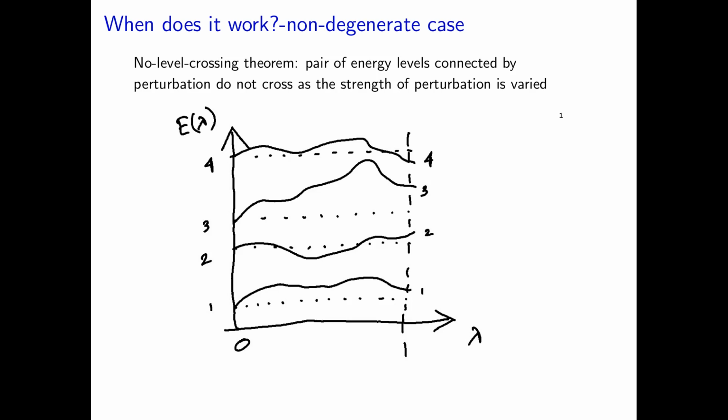So, let us look at the smallness argument, or when it works, pictorially here, and we will see the same thing mathematically as we proceed in this part of the lecture.